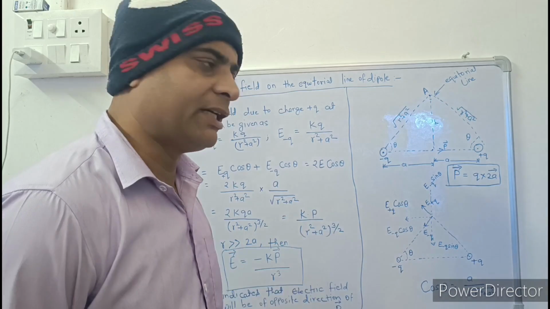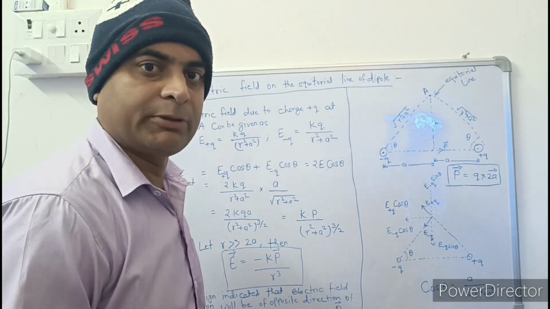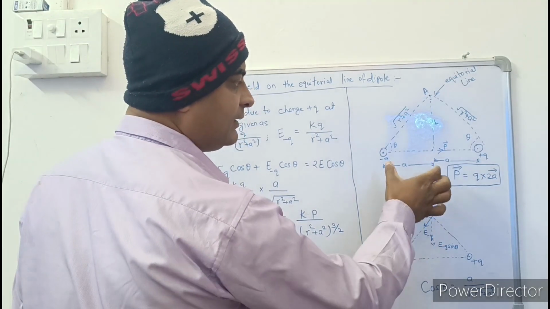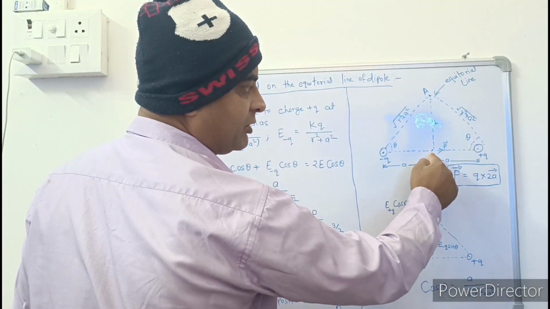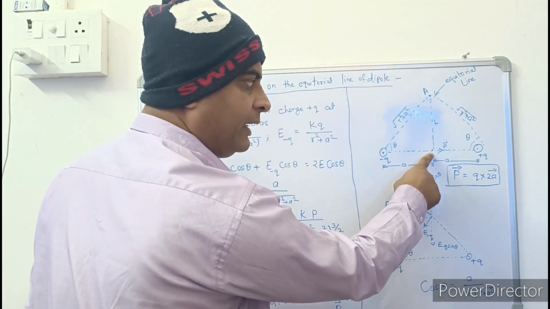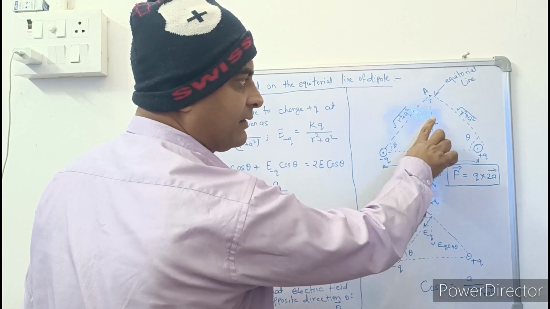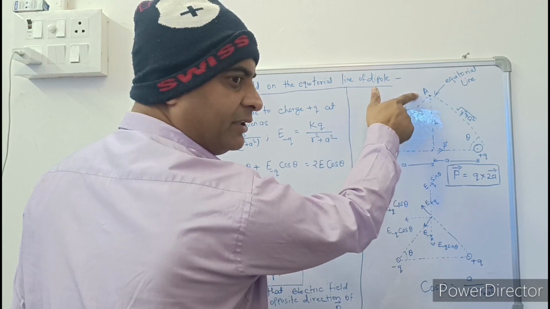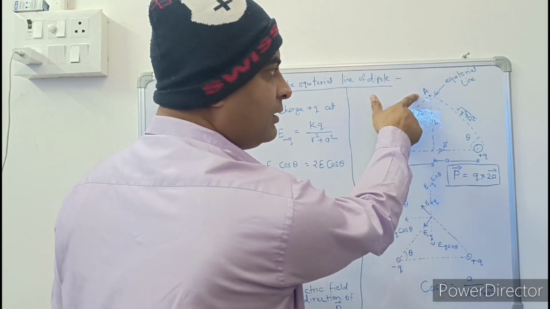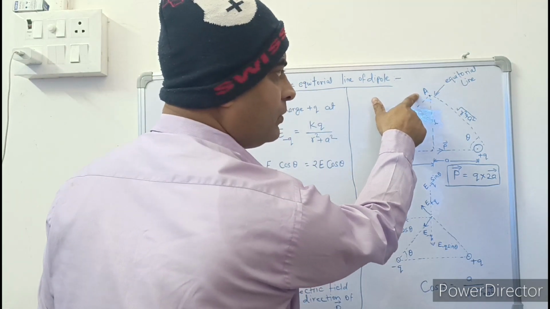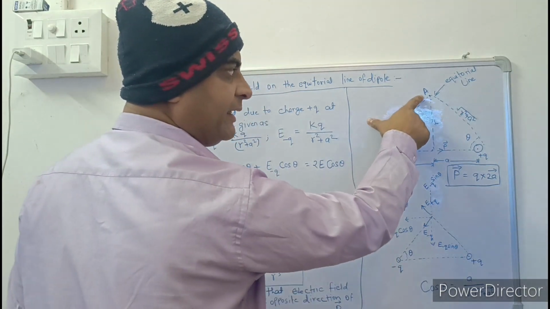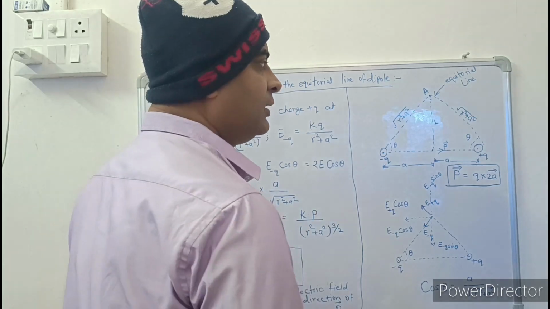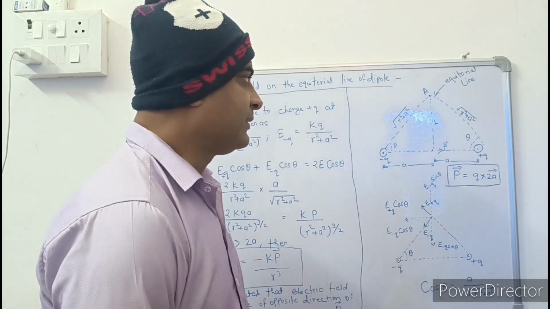due to these two charges. So how will we calculate that? Let's assume this is the center of the dipole, and this is distance r. This is point A on the equatorial line, and at this point we have to find the net electric field.